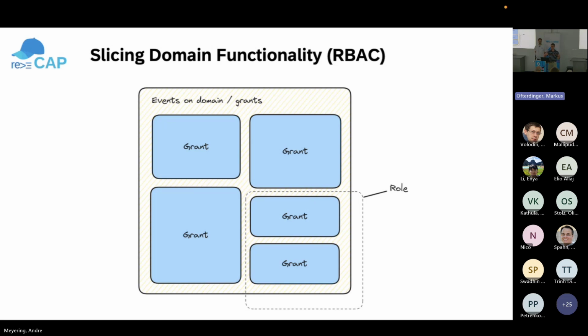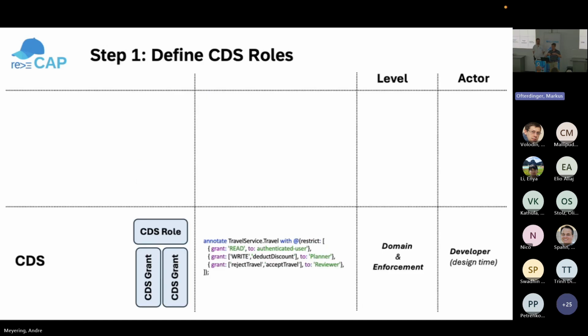For that, you usually combine several of these atomic grants into higher-level roles to define basic building blocks of access rules to fulfill certain technical flows in your service. And you do that on CDS level. By means of the restrict annotation, you define the grants, these building blocks, assigning them to CAP or CDS roles, combining several grants to fulfill certain flows.